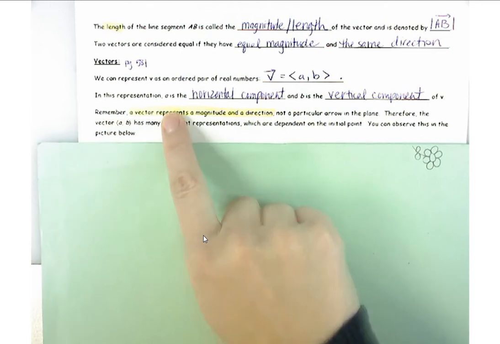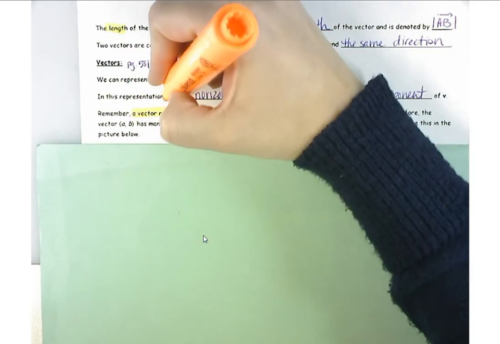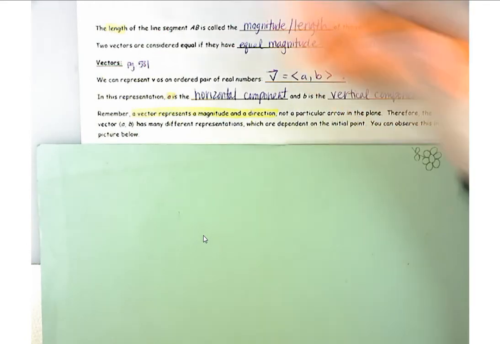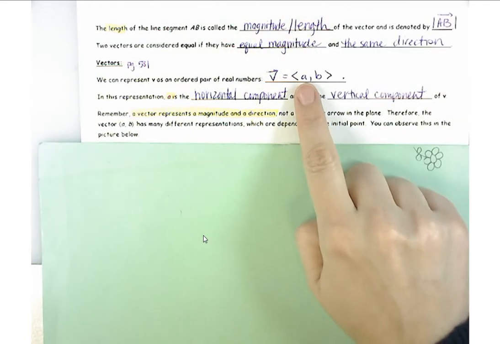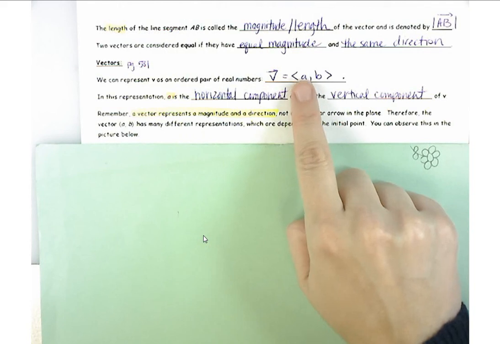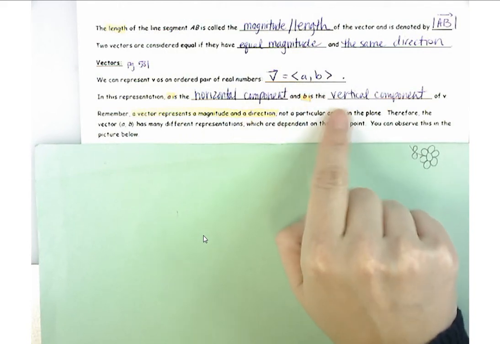Your a value is the horizontal component, and the b is the vertical, which makes sense because this is in the same position that x would be, and x is the horizontal axis, and y is the vertical axis.